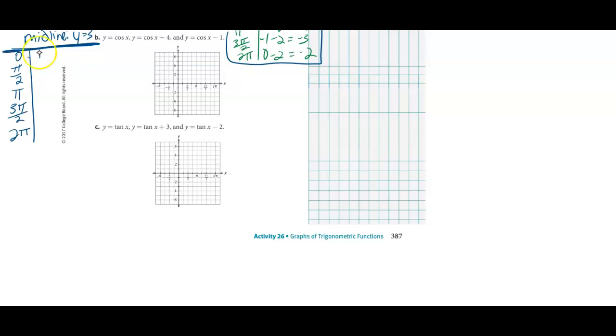Cosine starts at amplitude, so it starts up at 1, and then oscillates 1, 0, negative 1, 0, 1. And the scale is not how we normally do it, so I have to be conscious of that.